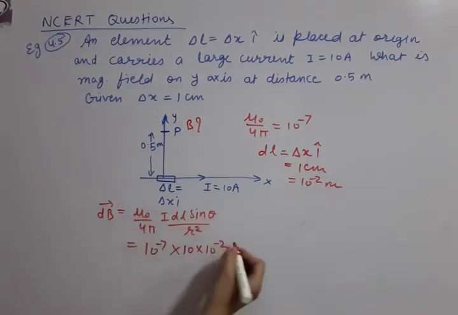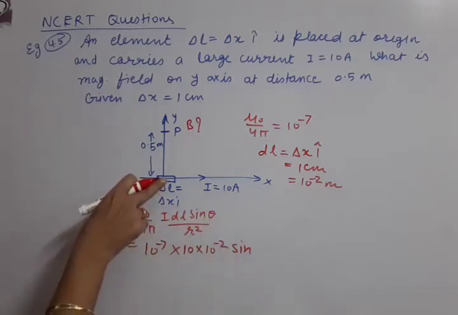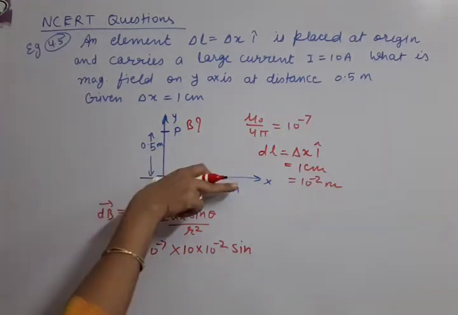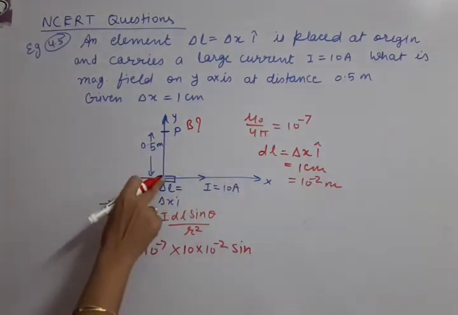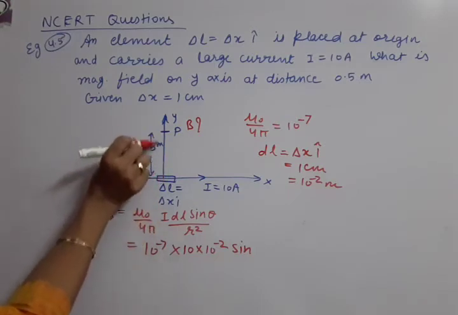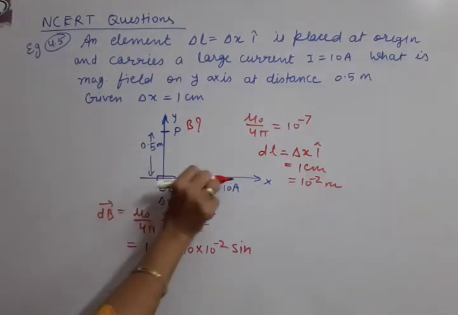Sin theta. Now what is the angle theta? Theta is always that angle which is between current or dL and the line joining dL with the point. So line joining dL with the point is this and dL direction, that means current direction, is this.